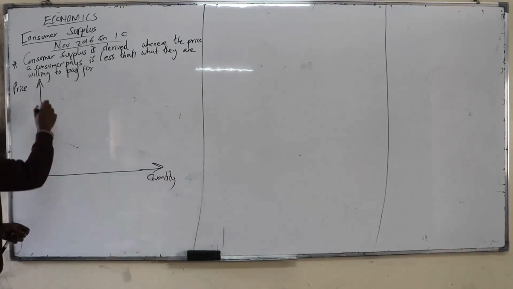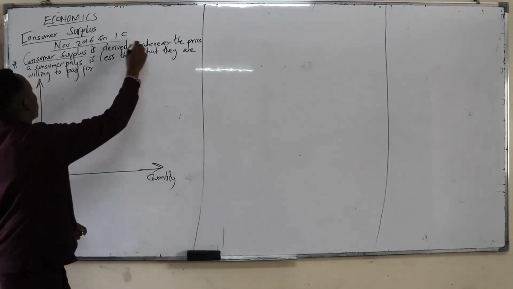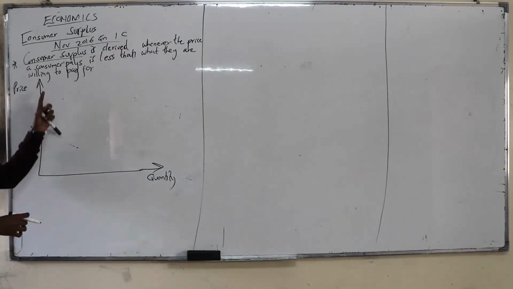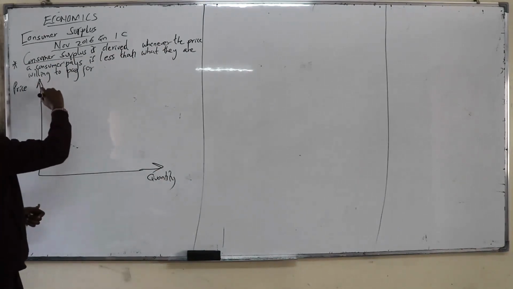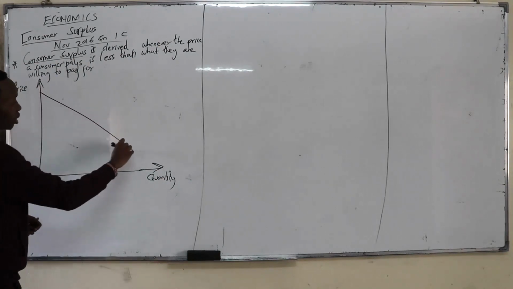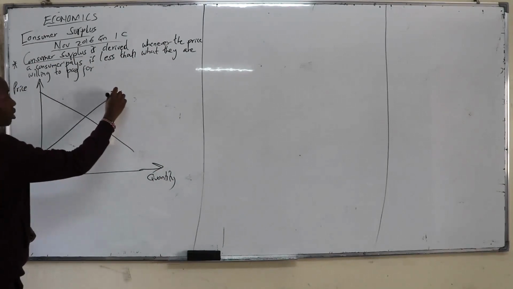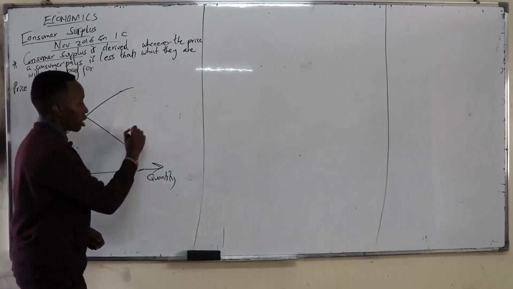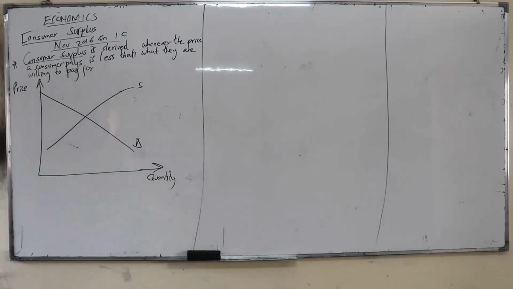The demand curve of such an individual would look like this. Let's say this is the demand curve, and we have the supply curve. At equilibrium, the demand is equal to supply.